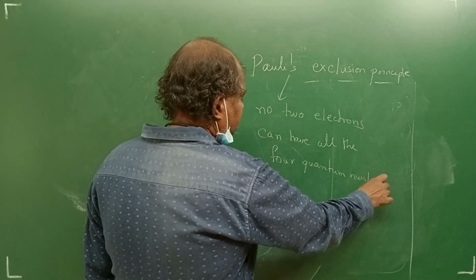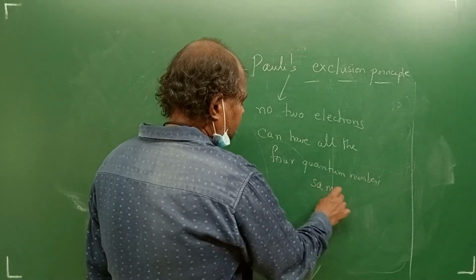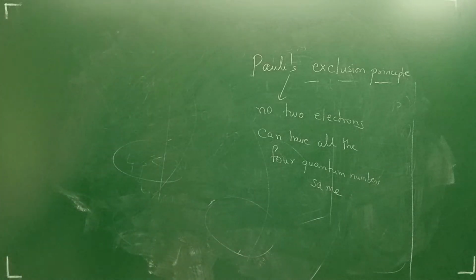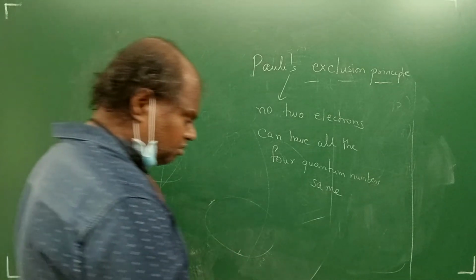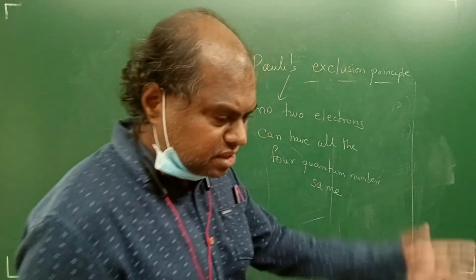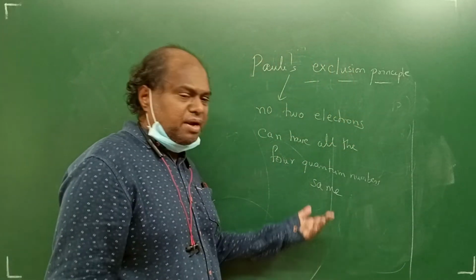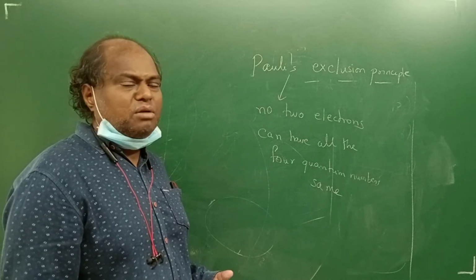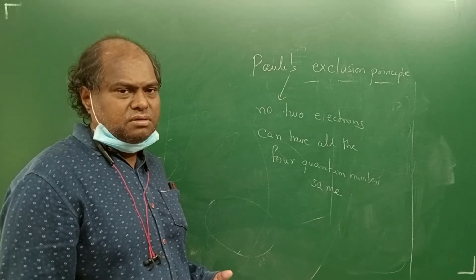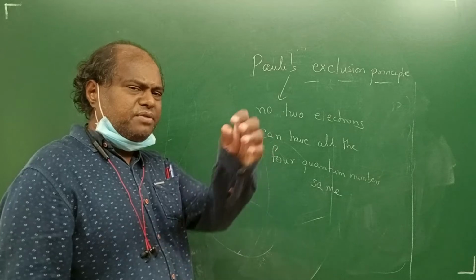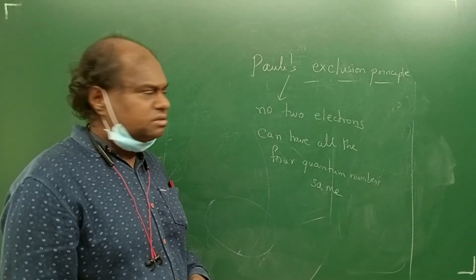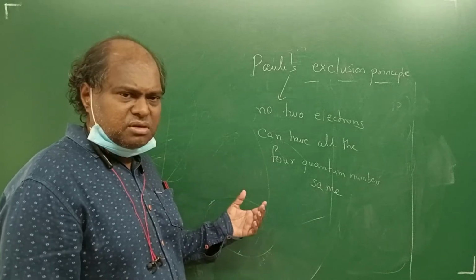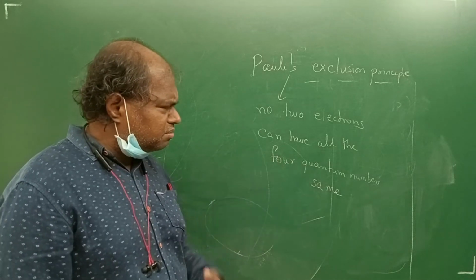So if you take 2 electrons, for those 2 electrons all numbers should not be same. If all the numbers are same, then they have got the same address. That is not possible. At least there should be a difference in one of them. Some quantum number should be different.